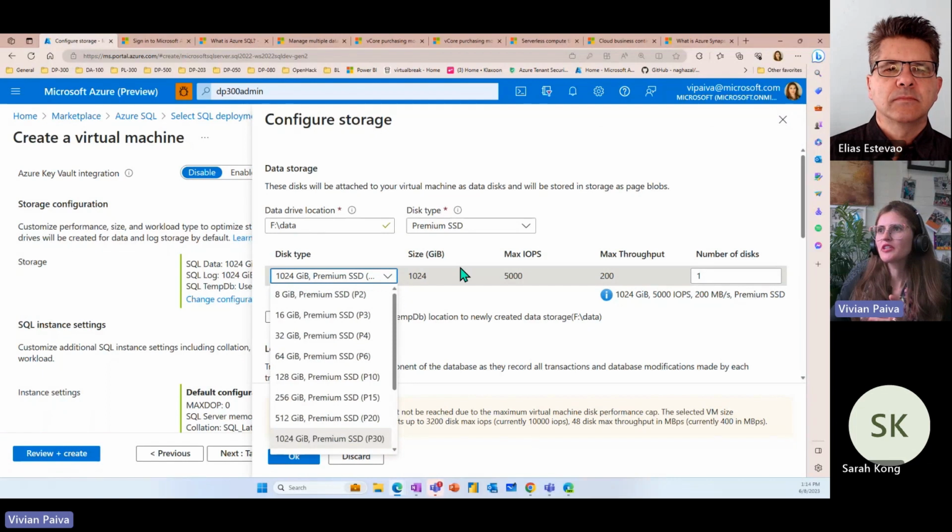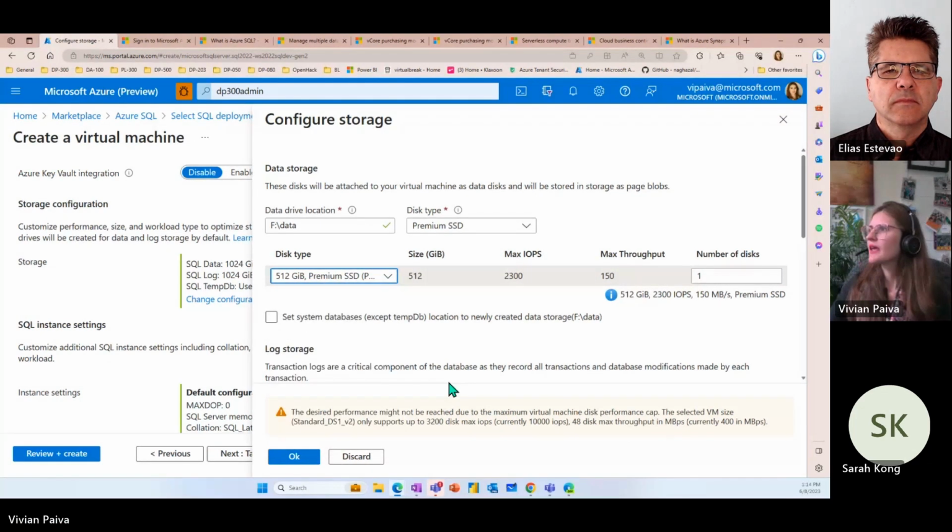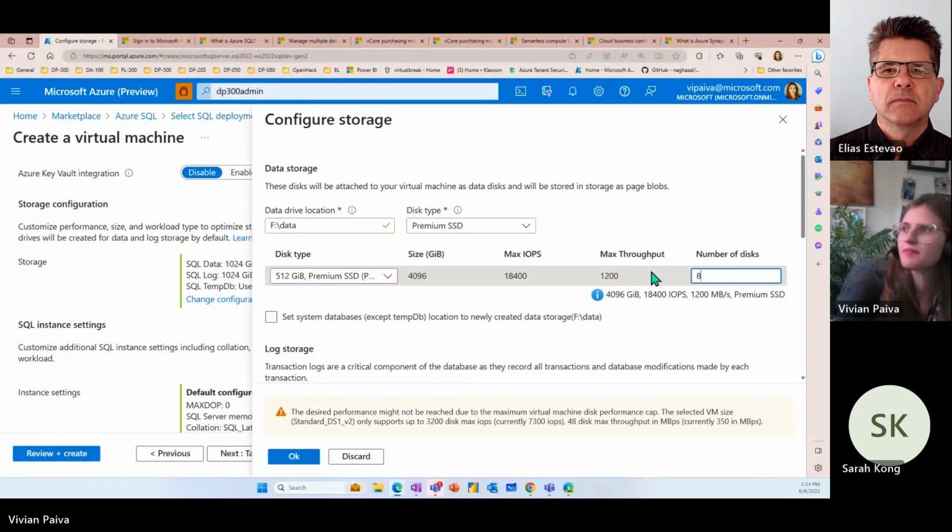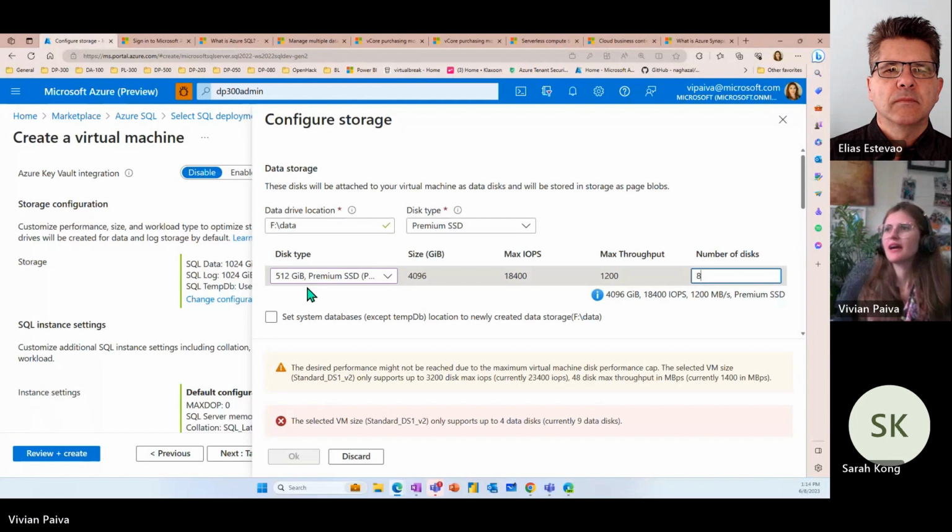I want to provision, for example, 8 disks. So right now I have 1 TB. Instead of doing that, I want to provision, for example, 8 disks of half a TB. So I want to maximize my IOPS and my throughput by doing striping.